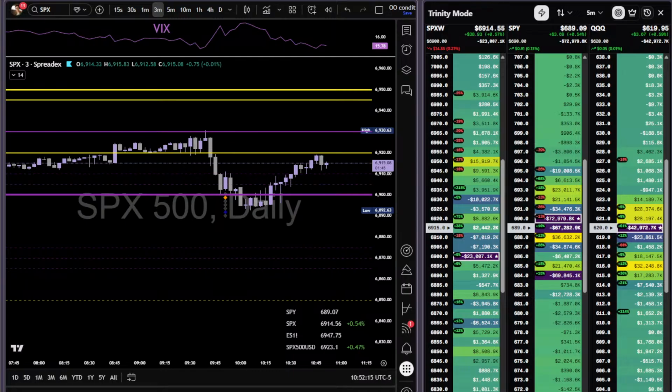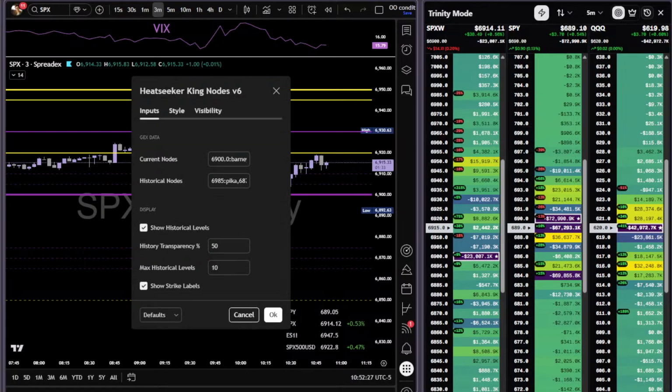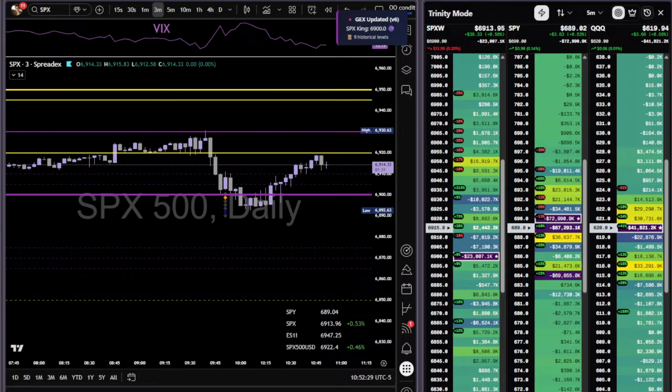I don't trade P&L, I trade the levels, right? So hope you guys do the same thing. Trade the levels, don't trade P&L. Trade small, trade often, and you'll succeed.